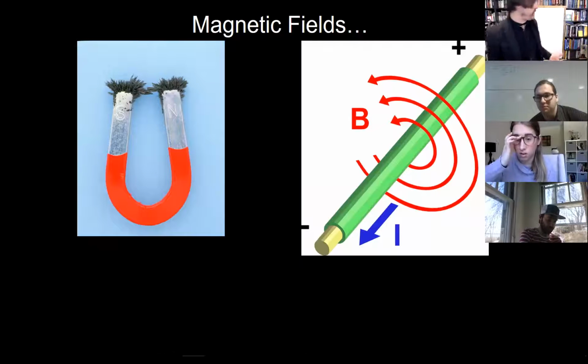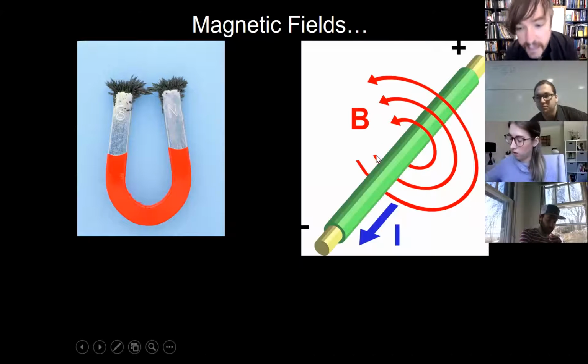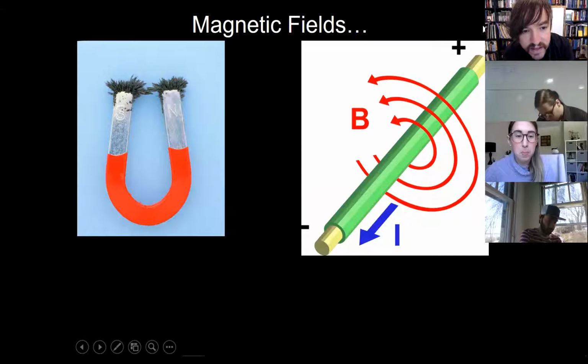Magnetic fields, most people's experience with them is playing with magnets on the refrigerator, or maybe you've played with one of these horseshoe magnets. But in a physics sense, the basic way in which one generates a magnetic field is by sending a current of electrons down a wire.